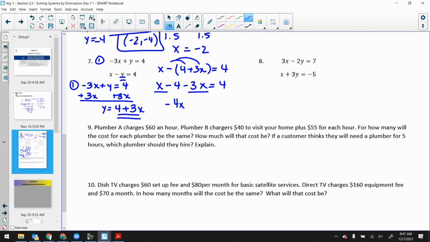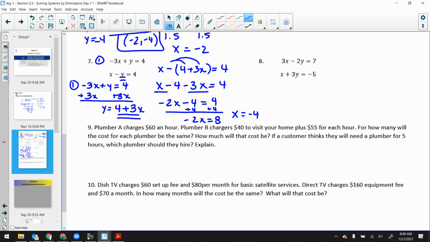So minus 4 minus 3x. And so x, oops, that should not be negative 4. X minus 3x is a negative 2x. Add the 4. So that's a negative 2x is equal to 8. And then when I divide by negative 2, I get x is equal to negative 4.